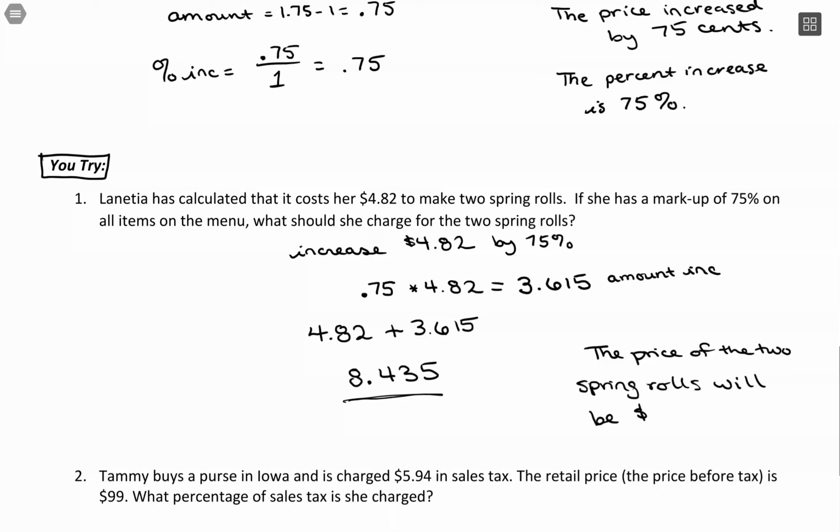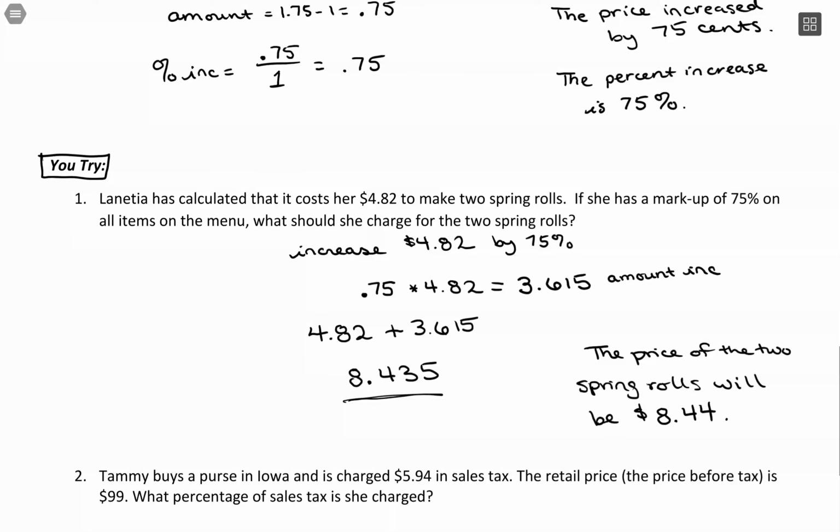And what we can do here is when you get to the sentence, round to what feels comfortable for you. With money, I'm probably going to round to 2 decimal places so that it does represent dollars and cents. If we were solving for number of people for this question, I'd probably want to round that to a whole number and not have decimal places at all. So in your work, just keep it as accurate as possible in the middle of the work, and then for your final sentence answer, round how you feel is right. So I'm going to change that to an 8.44.